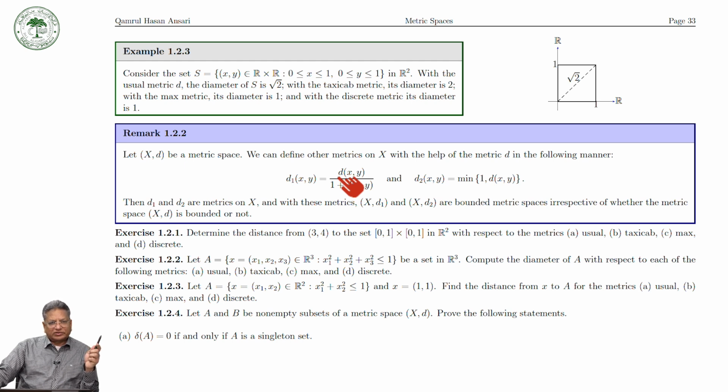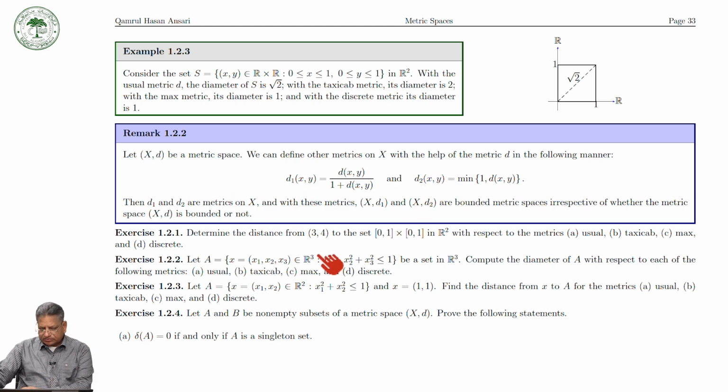Bounded means that the diameter is finite with respect to the metric d. Whether the set X with respect to d is bounded or not, it does not matter, but the space X with respect to these new metrics is bounded.